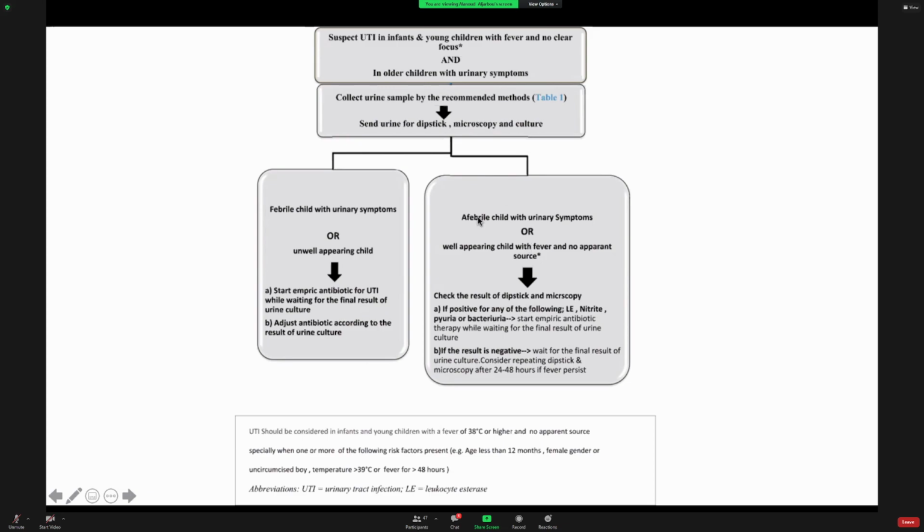If the patient is well appearing and afebrile, and the urine dipstick and microscopy are positive, we will start empiric antibiotic targeting the urinary pathogen. If negative, as I told you earlier, they recommend repeating the microscopy after 48 hours or waiting for the final urine culture. If the patient is febrile or ill appearing, we start empiric antibiotic directly while awaiting the final result of urine culture.